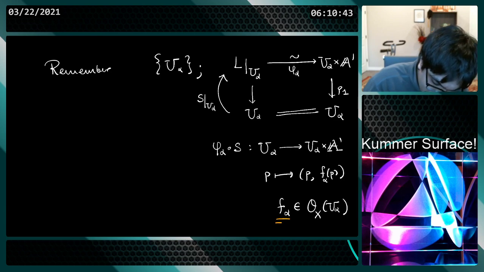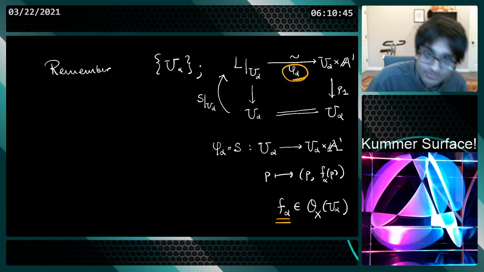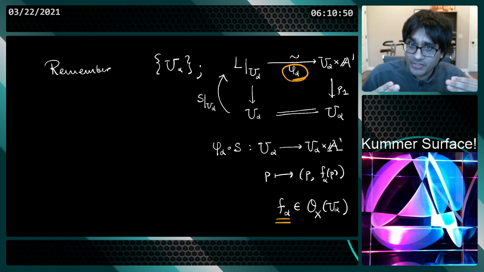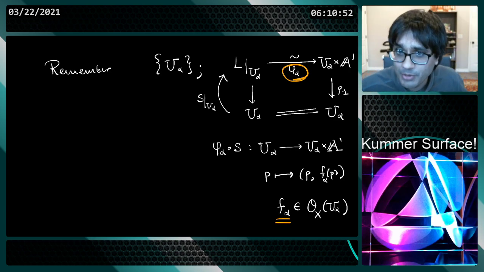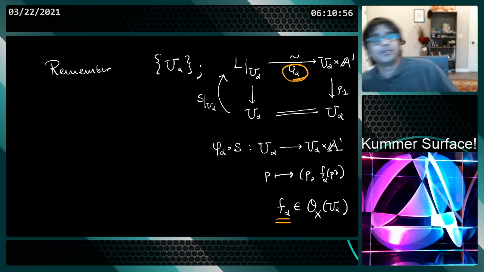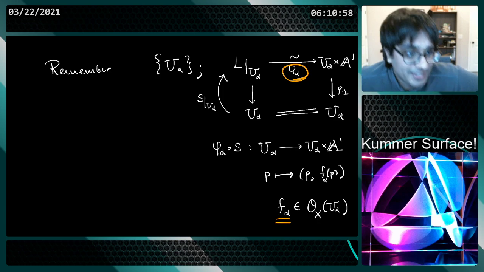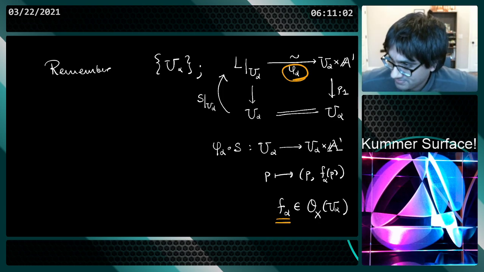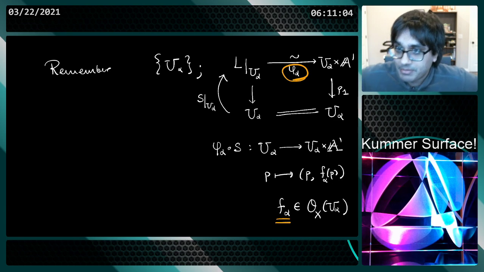This f alpha depends on that, and that's not some natural thing. You can always compose a trivialization with some automorphism of that variety over U alpha. Trivializations are not canonical. They're just an existence statement.